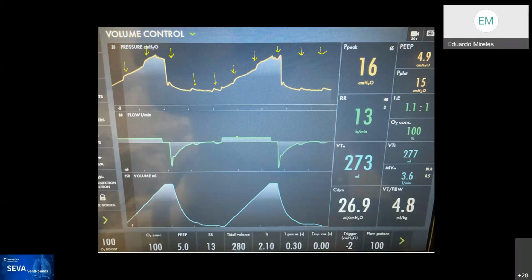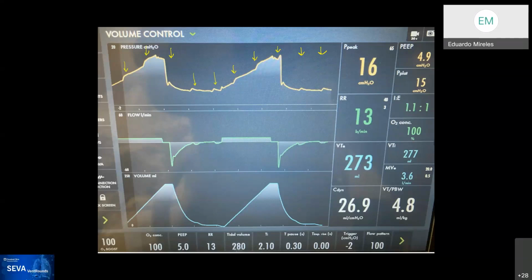How did you uncover that? By just standing in front of the monitor until you asked, why would the compliance be changing on this patient? It didn't make sense. The compliance seemed to change because the heart was contracting and creating oscillations on the airway that were causing flow and pressure changes, as you absolutely identified here.